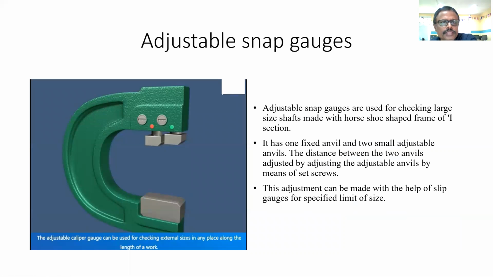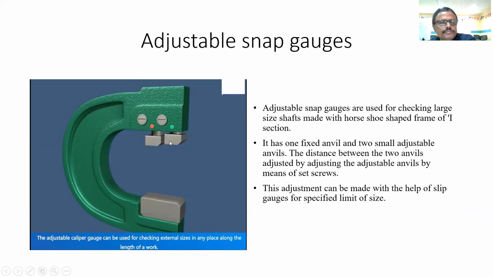Similarly, we have the adjustable snap gauges. Another name for this is caliper gauge. These adjustable caliper gauges can be used for checking the external sizes at any place along the length of the work.